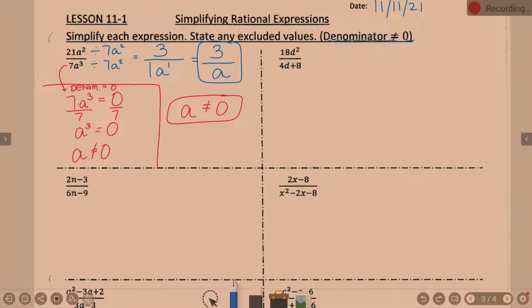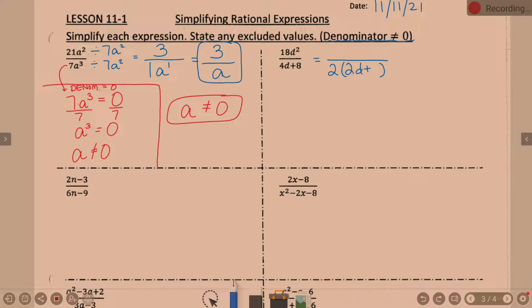This all relates to factoring. So what I'm going to do here, in the denominator, I know it's not the GCF, but if we factor out a 2, what remains in the parentheses? So, 4d plus 8. Well, 4d, if we divide that by 2, becomes 2d.